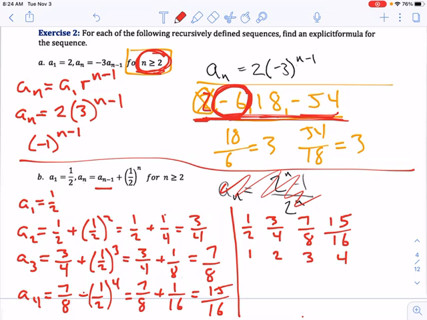And so if we just take a look at the geometric idea, their common ratio is 2. And instead of raising it to the n minus 1 power, we're just raising it to the n power in this particular case because we're starting at n equals 1.